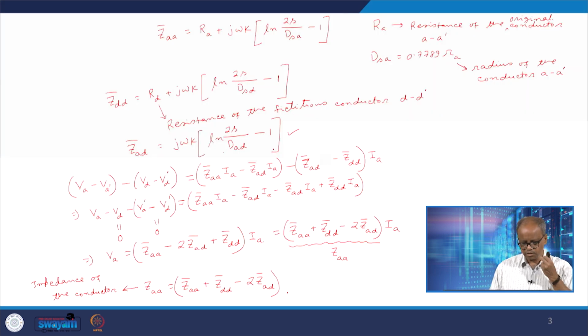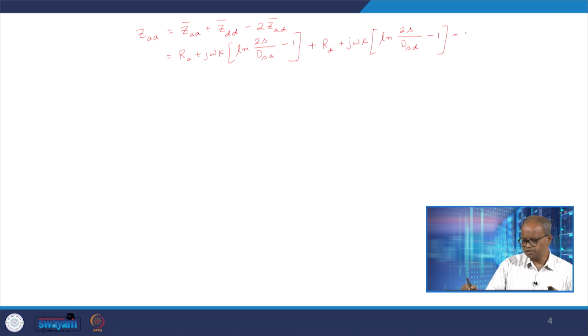Now, what is the expression of ZAD? ZAD is j omega K log of 2S by DAD minus 1. So it would be minus j 2 omega K into log of 2S by DAD minus 1.